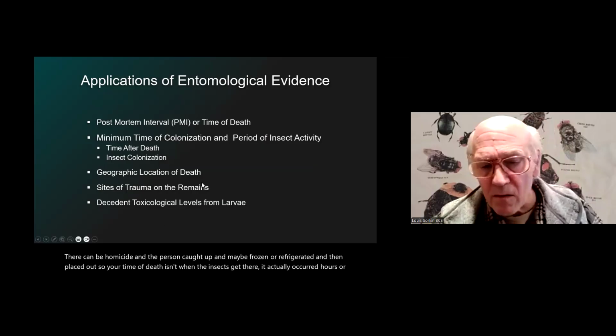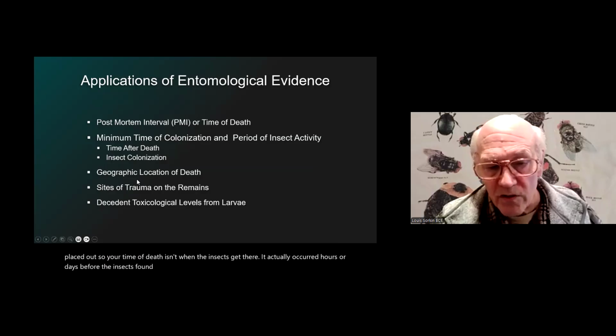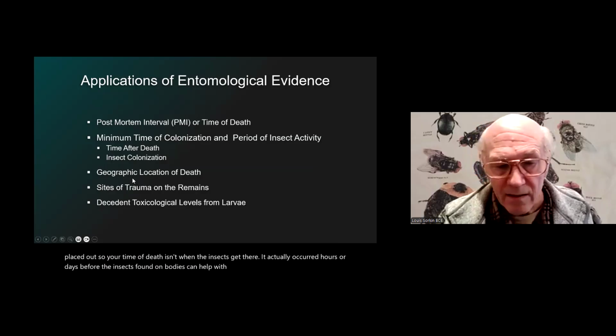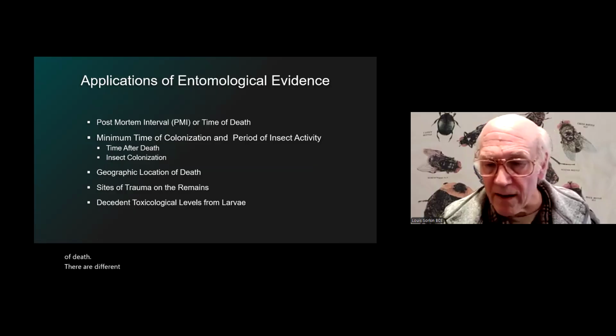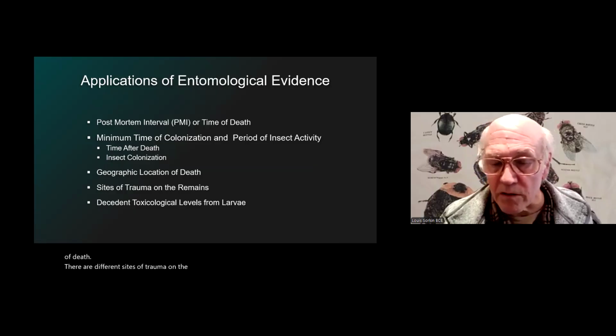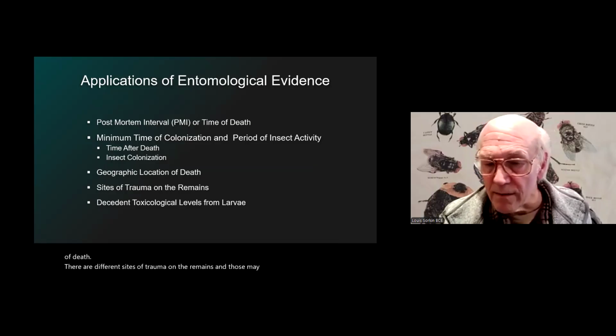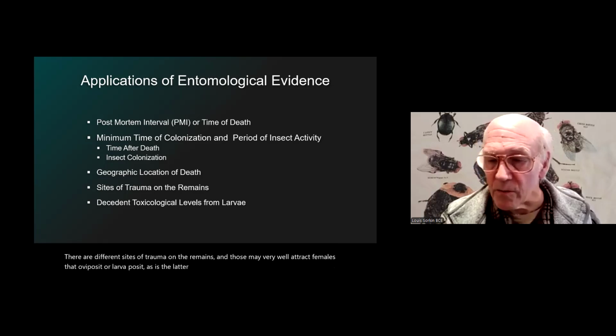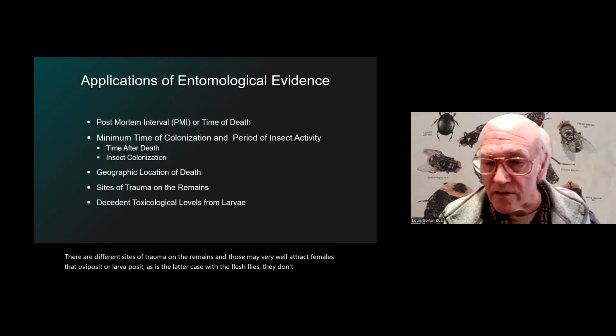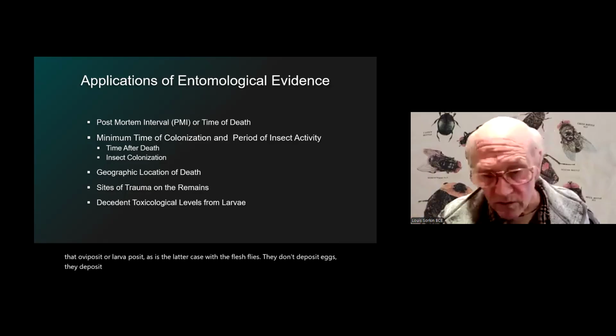The insects found on bodies can help with the geographic location. At the time of death, there are different sites of trauma on the remains, and those may very well attract females that oviposit or larviposit, as is the latter case with the flesh flies. They don't deposit eggs, they deposit first instar larvae on wounds, let's say.